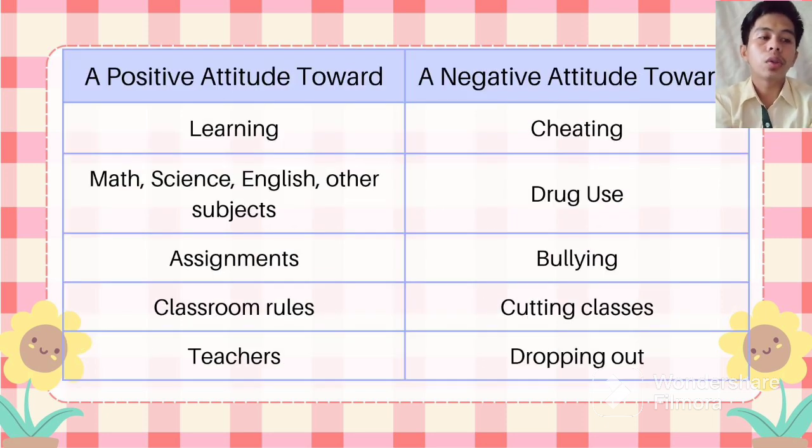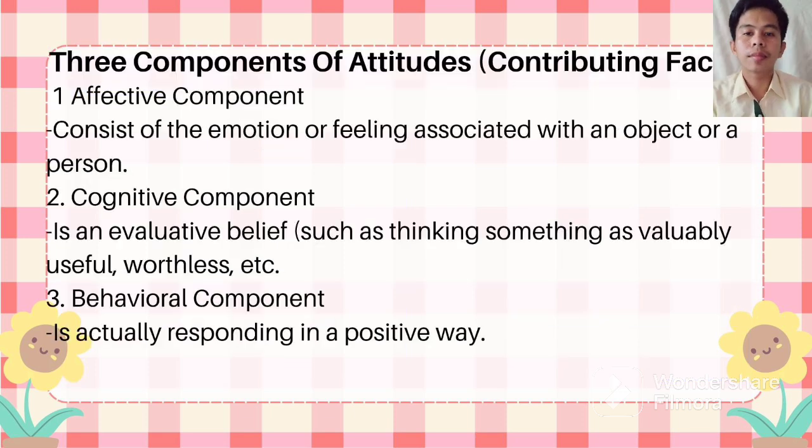Some of these attitudes are listed on the table below. A positive attitude toward learning, math, science, English, and other subjects, assignments, classroom rules, teachers. A negative attitude toward cheating, drug use, bullying, cutting classes, and dropping out.